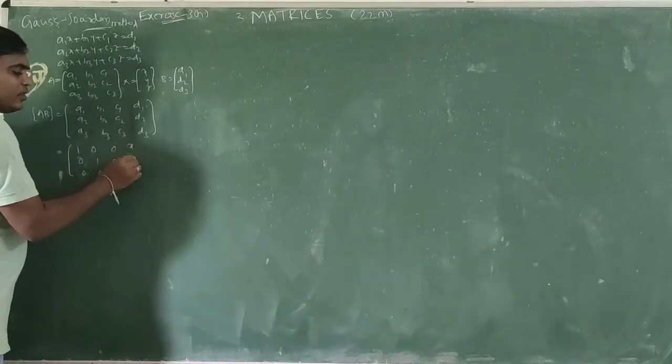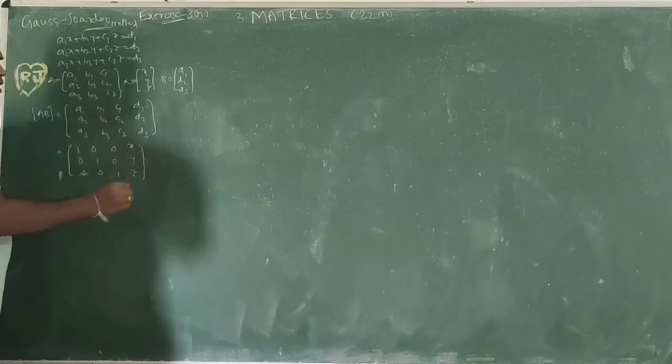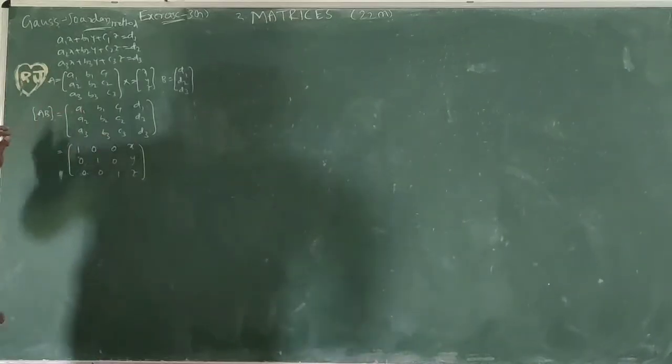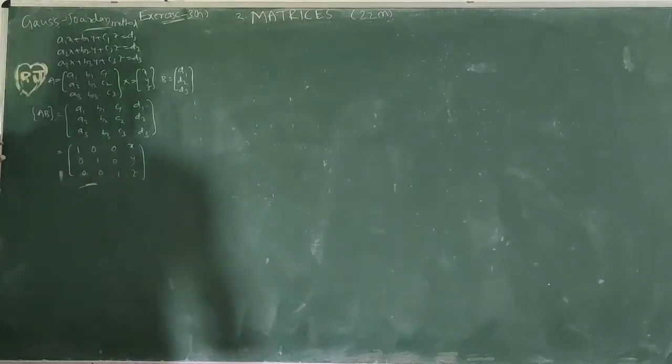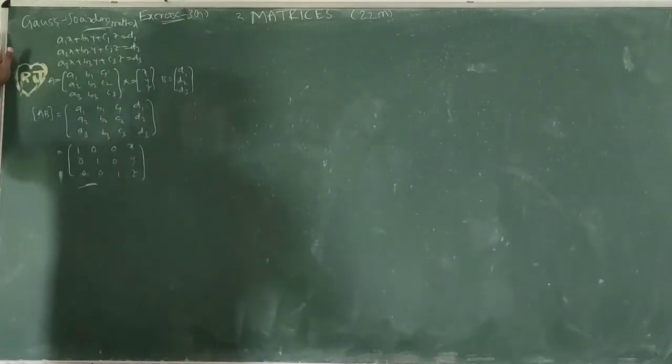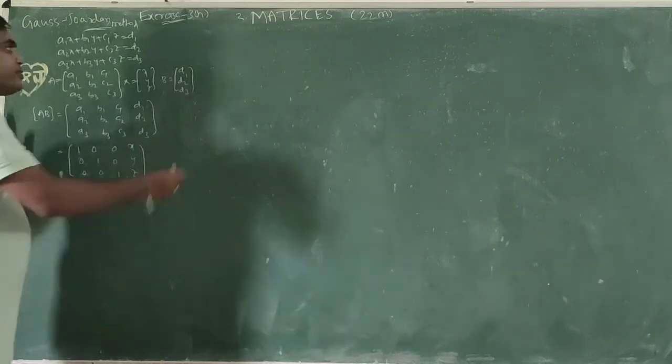So let us consider x, y, z: whatever value we get here is equal to x, this is equal to y, this is equal to z. This is the Gauss-Jordan method. If we do some problems, we will get an idea.